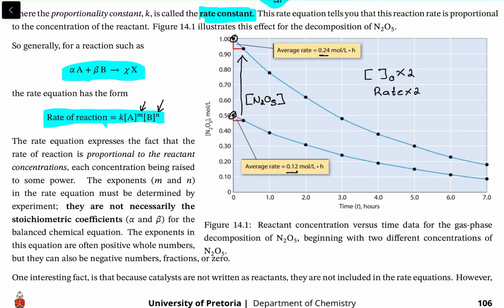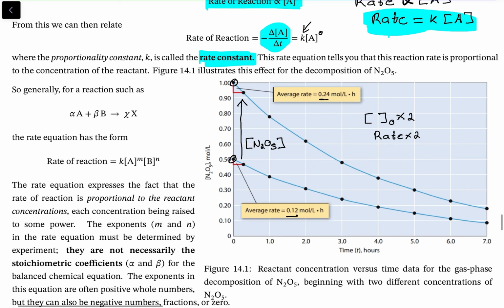Okay. Importantly, it is not your stoichiometric coefficients. So if you look at your rate equation, it is not the stoichiometric coefficients α and β. Okay, so those numbers are not the same as m and n. They are not the same number. All right, so that's what a rate equation is.